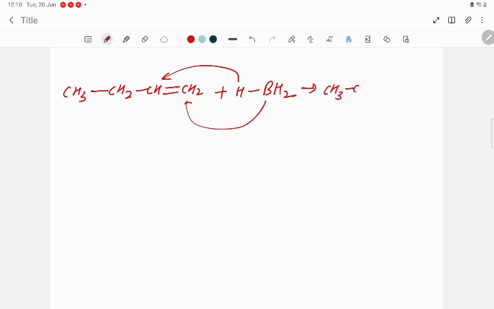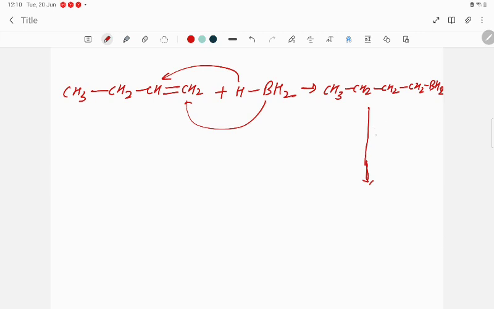So CH3, this is CH2, then CH2, then here is CH2. This is what is going to happen here at the end, students. This is the BH2. Now, students, you can see there are 2 hydrogens.